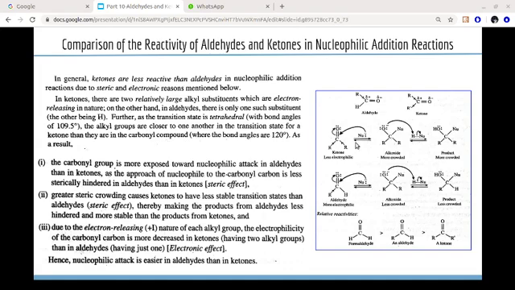So when the nucleophile adds to the ketone, this carbon is less electrophilic due to the two electron releasing alkyl groups. So we will get a more crowded alkoxide transition state, which takes a proton and we will get a product that is also more crowded. So this is somewhat unstable.